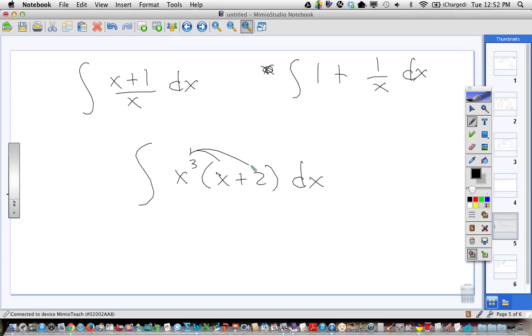Now you had some of those in the LH packet too, where they gave you, say, an x out here and then an x plus 2 to the, say, the 5th power. Now that one you are going to do a u substitution, right? Because you can't distribute here.